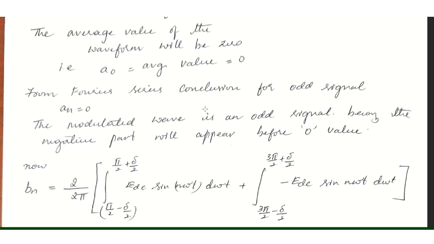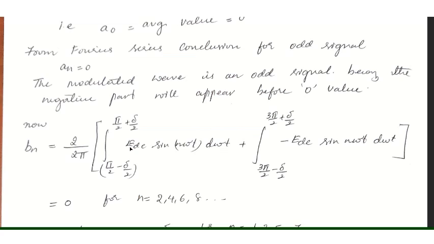From the Fourier series conclusions, we know that for an odd signal, A_n will be equal to 0. To find the B_n component, we take one complete cycle, 2 by 2π, one complete period.